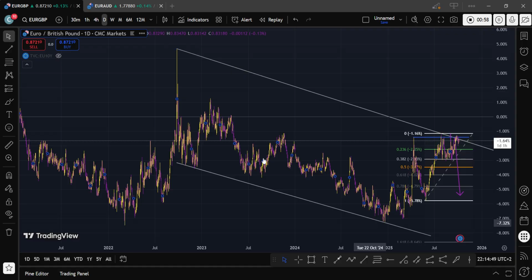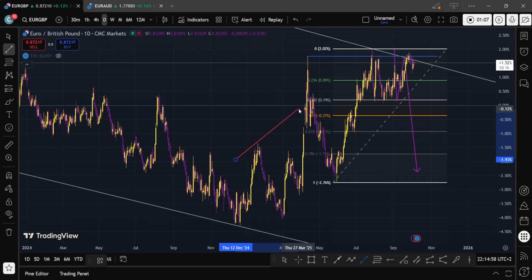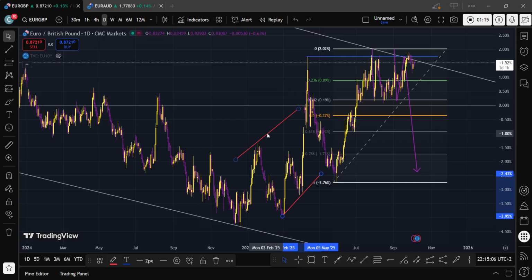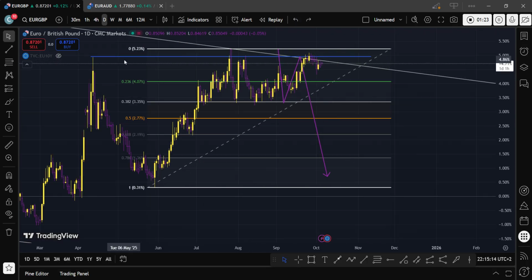This is the weekly time frame channel, and all these channels that are aligned within this larger channel, I call them the daily time frame channels, or what we call secondary channels or secondary trend lines.